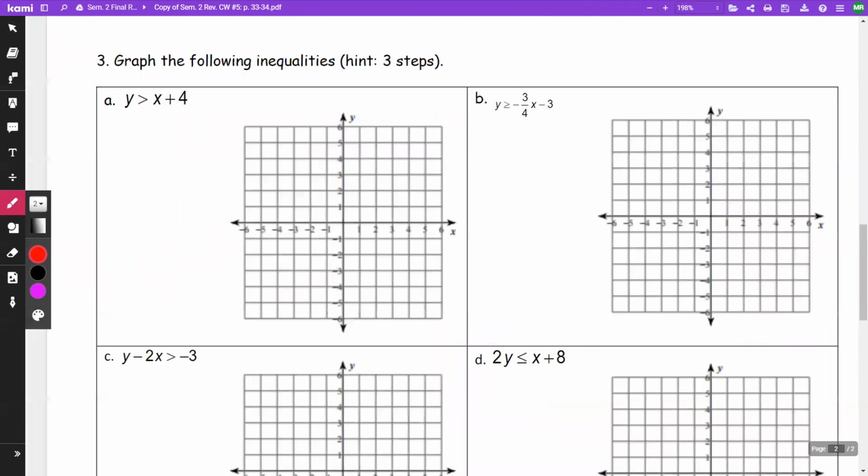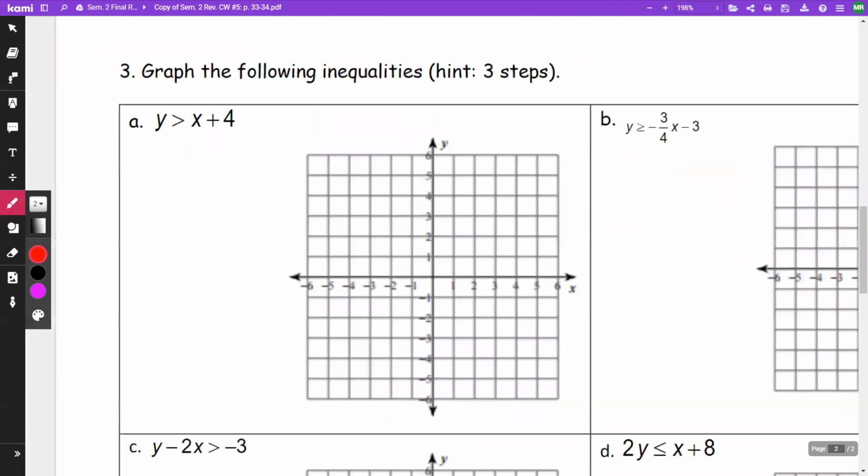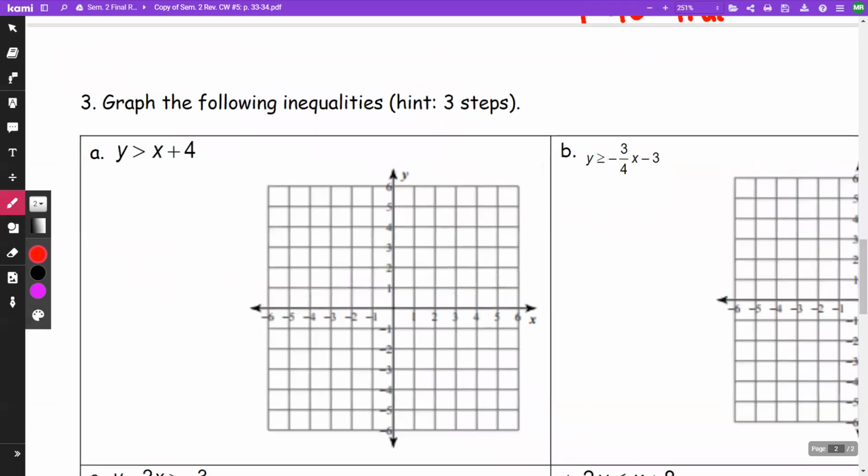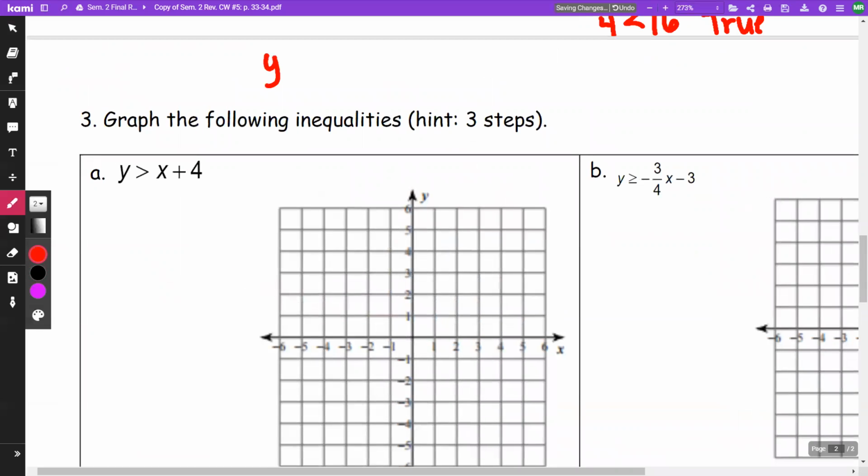Okay, so these ones are ones where we're going to graph. Now, when we do this, if our line, y is greater than or y is greater than or equal to mx plus b, where our y is by itself on one side and everything else is on the other side, then in both of these situations we're going to shade above.